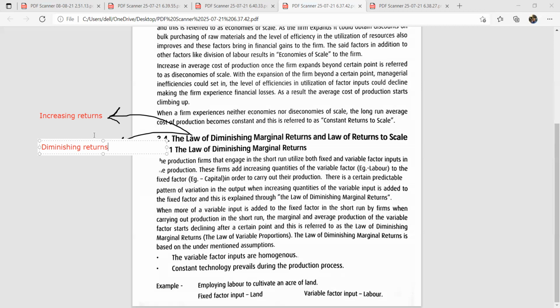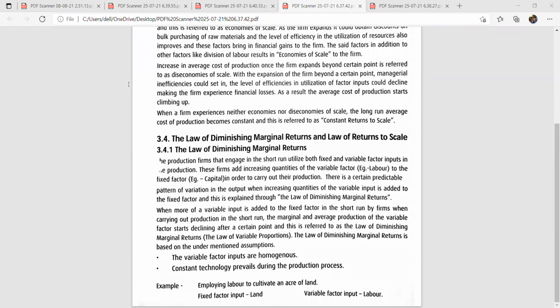Workers become less productive when diminishing returns begin, so fewer goods are supplied. As a result, the average cost of labor is increasing; in other words, the average cost per output is increasing. So we understand the two divisions of the law of diminishing marginal returns in such a way.